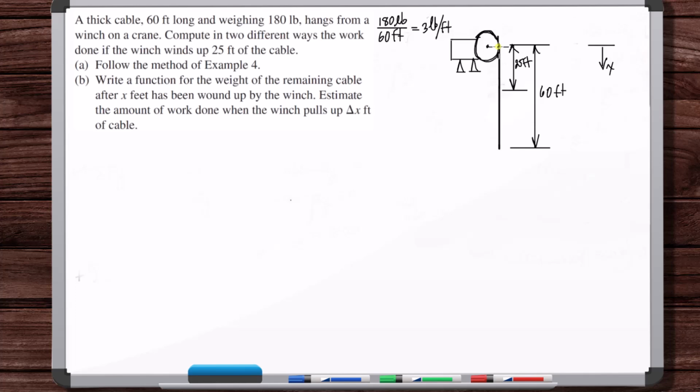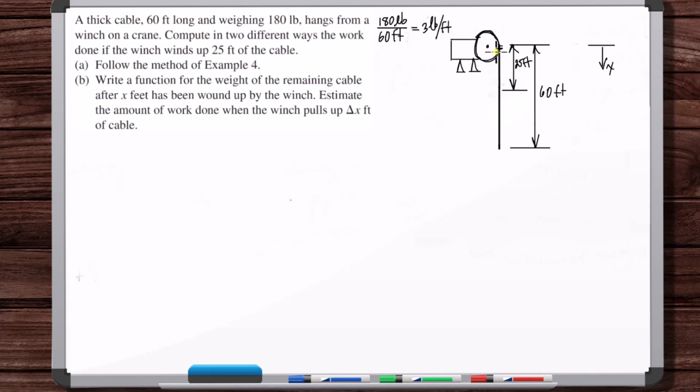What they're saying here is, think about a piece. The front of the piece is right where it gets pulled into the winch. And as the number of pieces gets larger and larger, the delta x gets smaller. So there's a little piece. The weight of this piece is not going to be delta x times 3. The weight is going to be the remaining length of cable times 3.